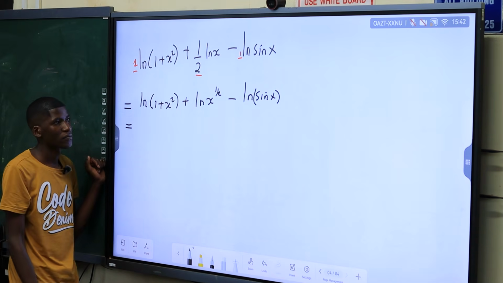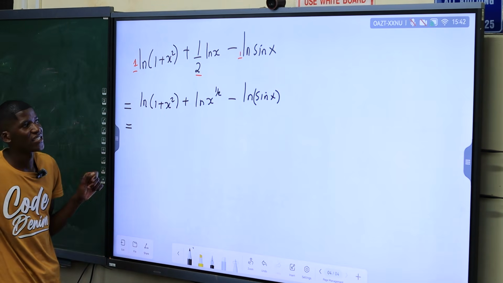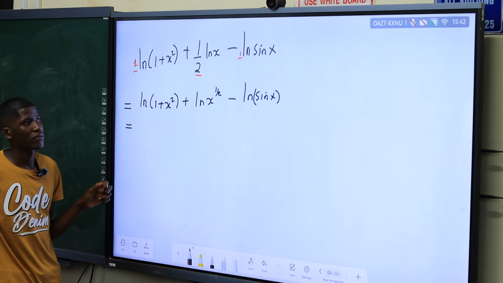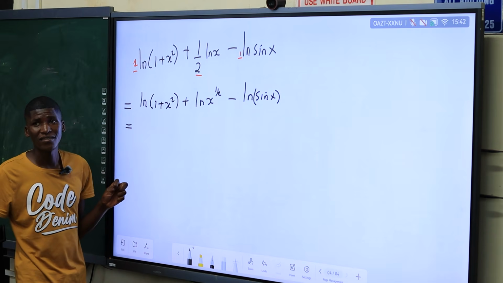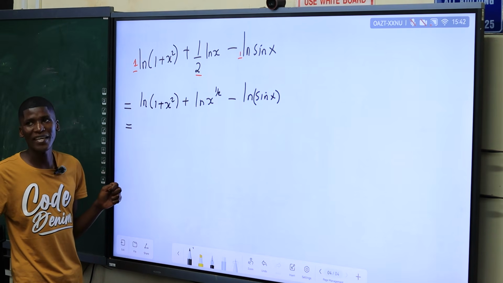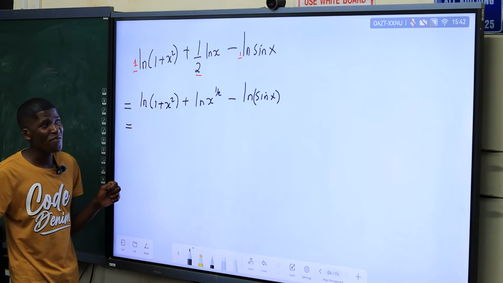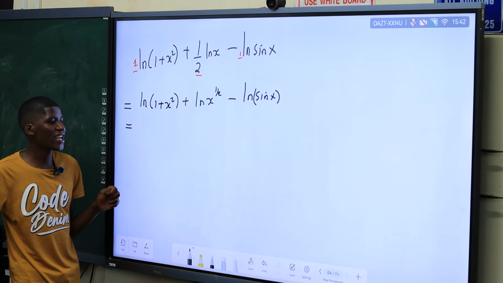Do we add or subtract first? Which one comes first in BODMAS if you have multiple operations? Addition or subtraction? Addition.